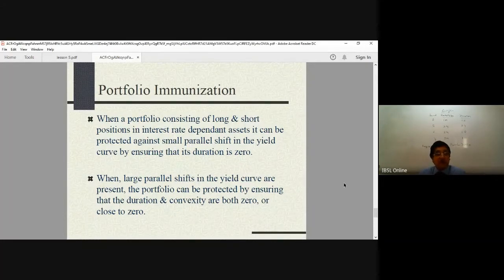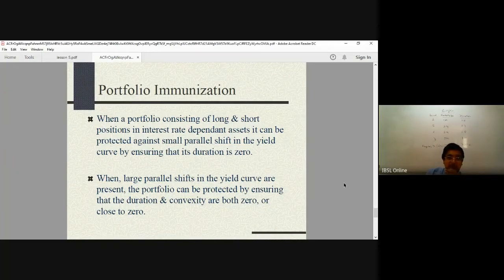But portfolio immunization means the portfolio can be immunized on what? On interest rate. If you consider interest rate variation as a disease or virus, when you do portfolio immunization, the portfolio may not be sensitive to the interest rate variations.